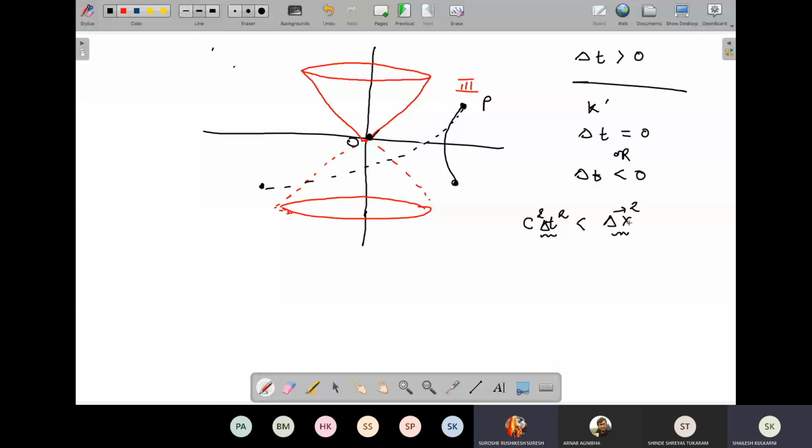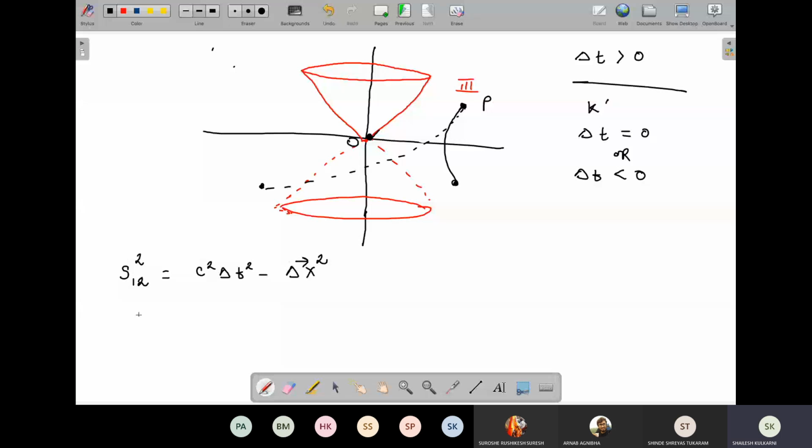Imagine the interval. How do you write the interval? S12 square is c square delta t square minus delta x square. Clear? Suppose this interval is 0. Does that mean that c equals 0?